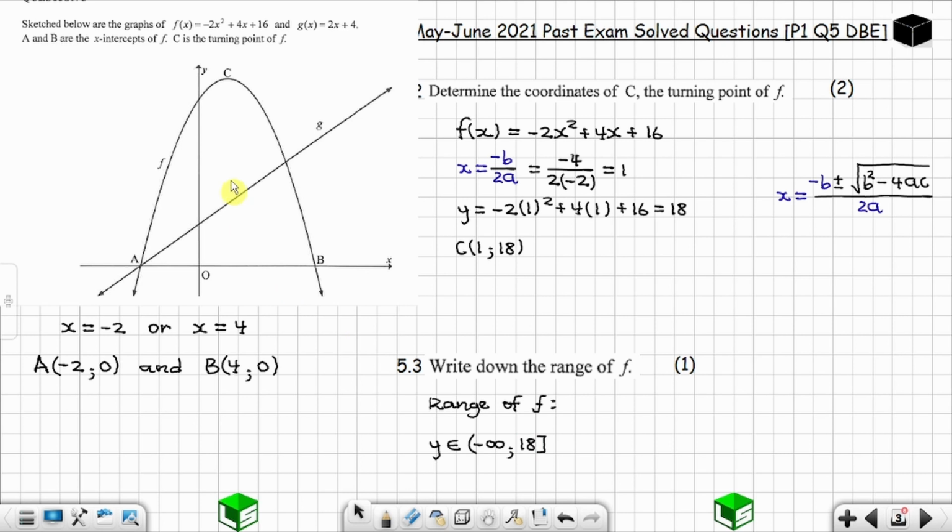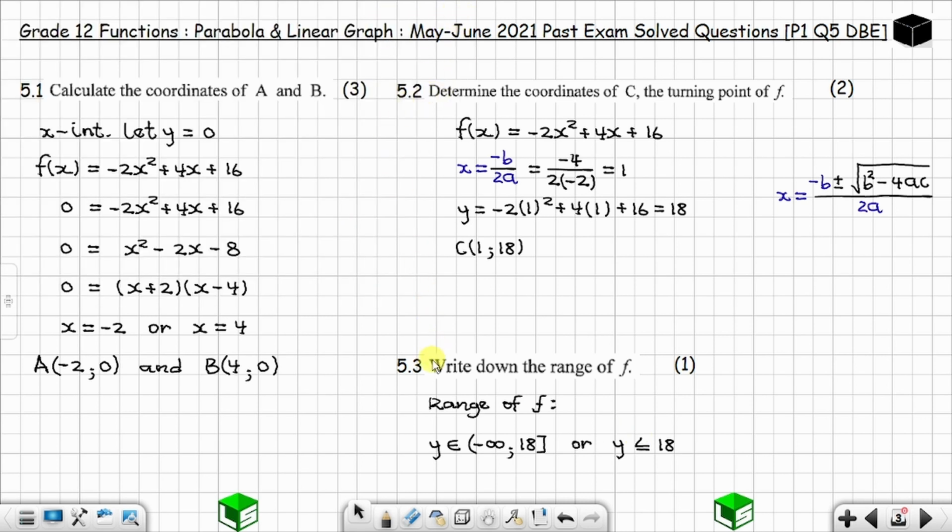Or you can write it as y is less than or equal to 18. You have equal there because 18 is included. So you start from 18 and go down. So you can give the range of f like this or like this. So let's move on to the next question, 5.4, on the next slide.